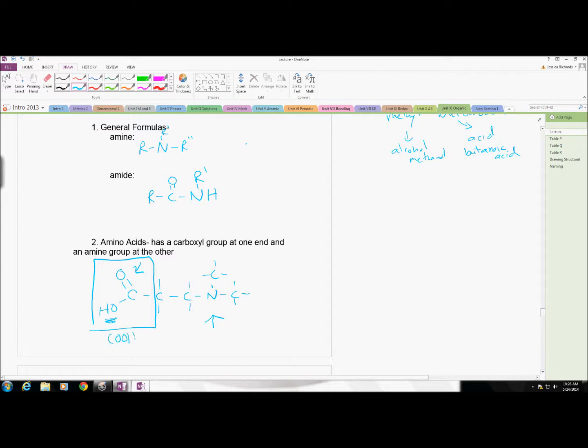And COOH is the functional group for an organic acid. And this carbon right here next to the nitrogen doesn't have the double bond on it. So this can't be an amide. This has to be an amine, and therefore we have an amino acid. Watch out for this one. It can be a little tricky.